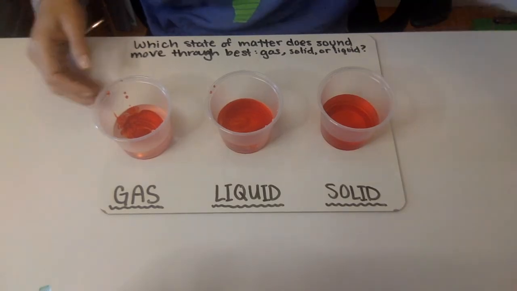Let's see some other experiments with sound, shall we? All right. So now that we see how sound moves through different materials, we can talk a little bit about sound waves.